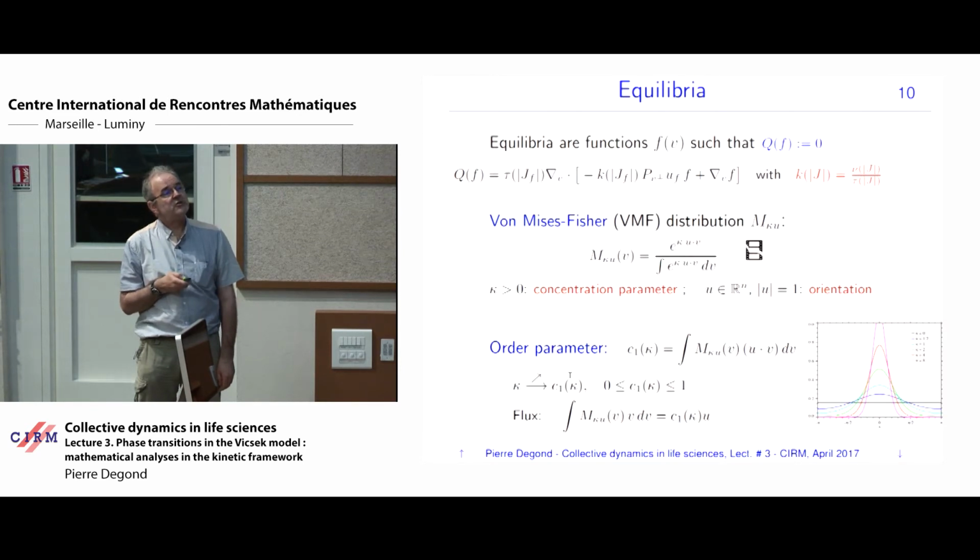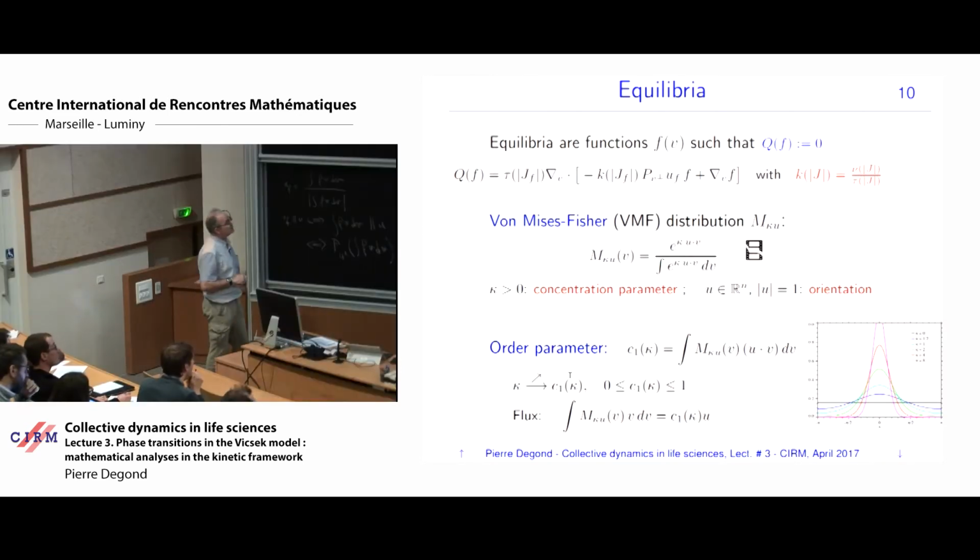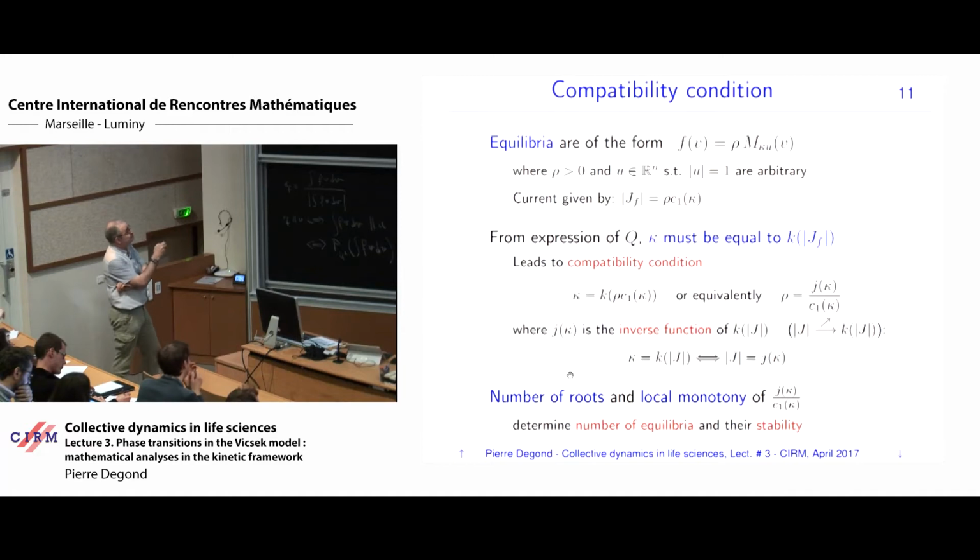Okay, so again, I have the definition of the order parameter that doesn't change. But remember that when we construct the equilibrium, we have rho times the von Mises distribution, right?